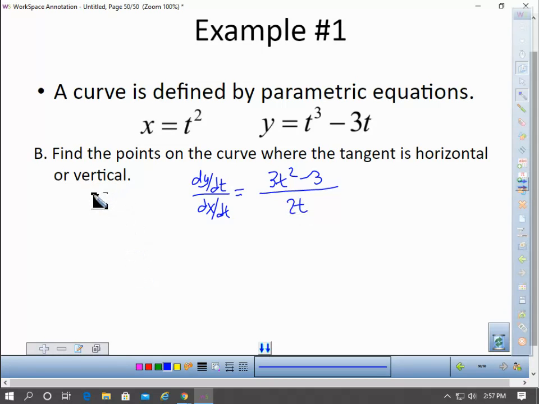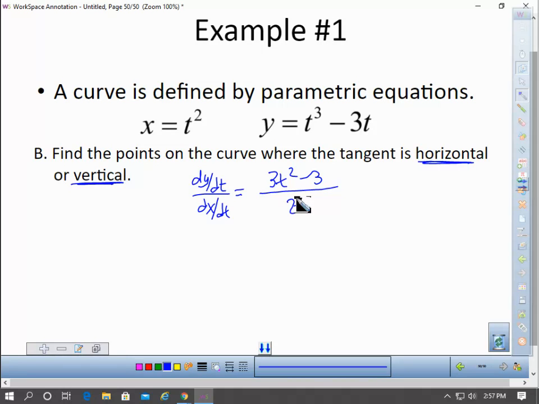So we learned this in AB, okay, about horizontal and vertical tangent lines. If you have a horizontal tangent line, that means that the numerator is 0. If you have a vertical tangent line, then that means the denominator is 0.